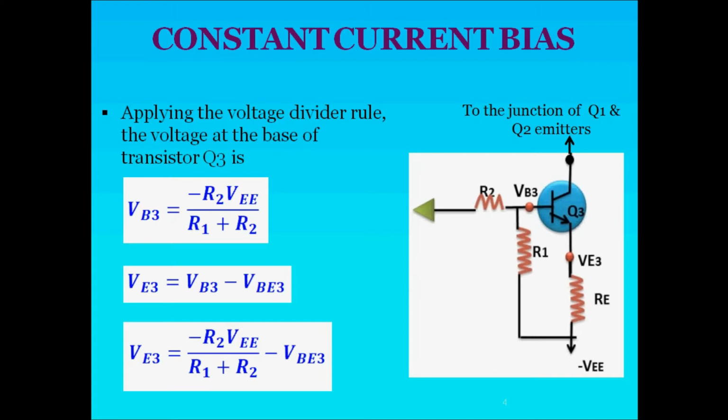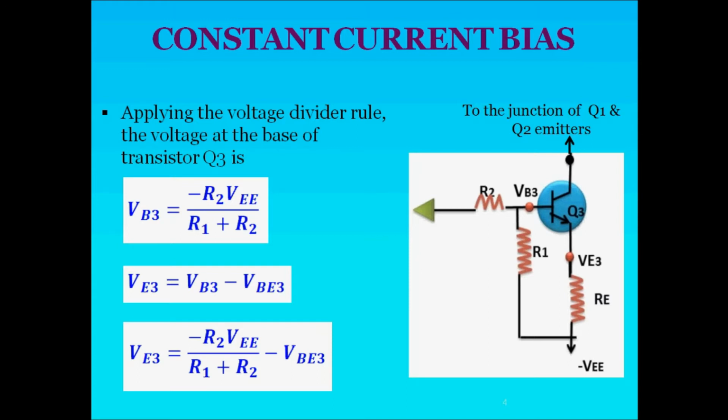See that here the R1 resistor is connected to the minus VEE supply, and there is another resistor R2. So R1 and R2 constitute a voltage divider network, and we get this voltage VB3 at the base. When calculated with respect to ground, this is nothing but the voltage across the resistor R2.